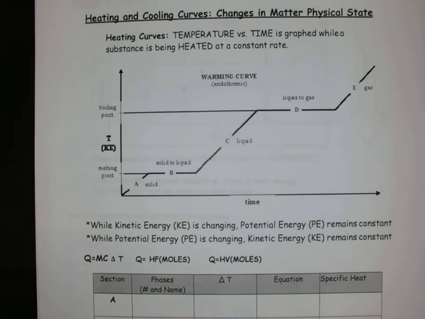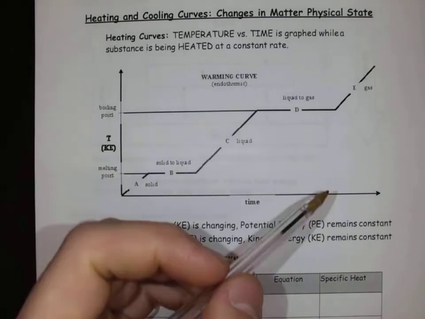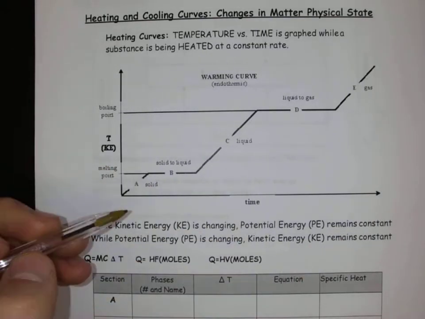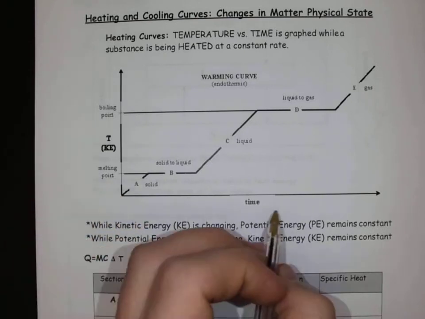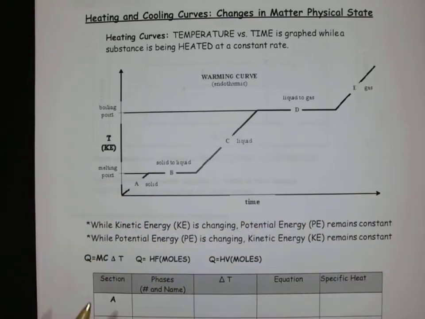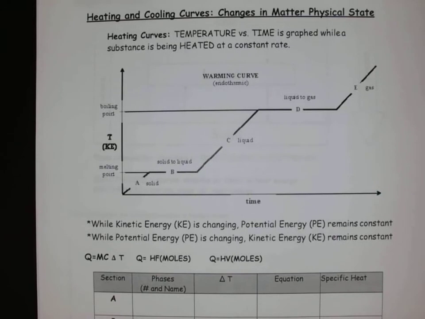So if we do that, we can actually make a graph kind of like this. If we were to start with really extra cold ice, we could then add heat, constantly at a constant rate.